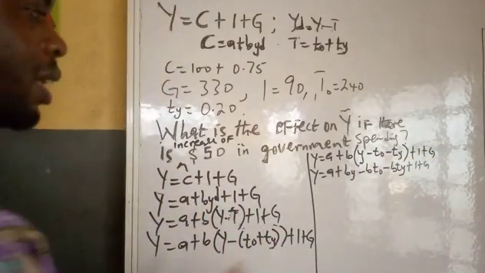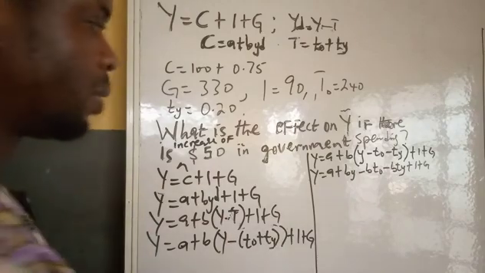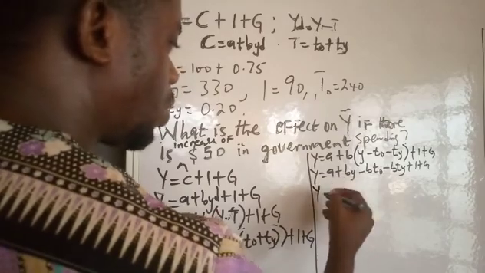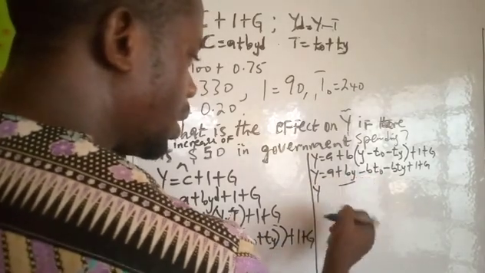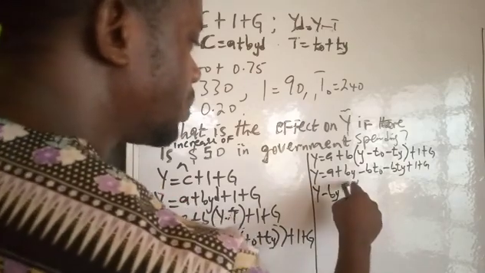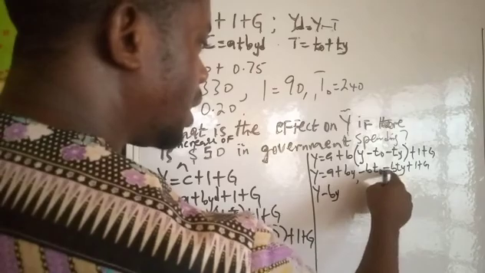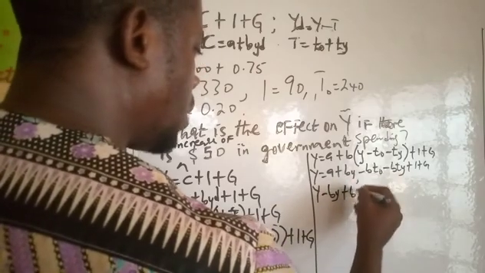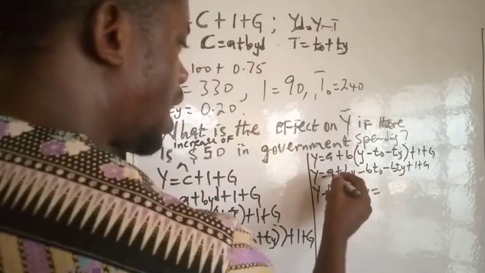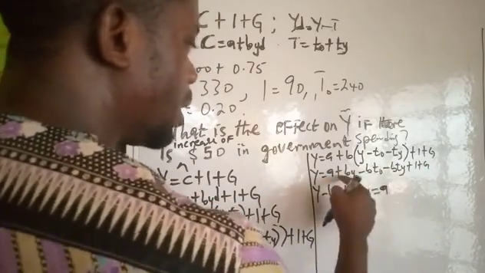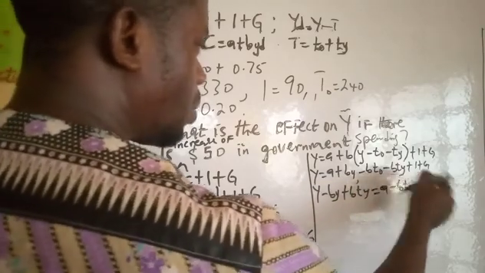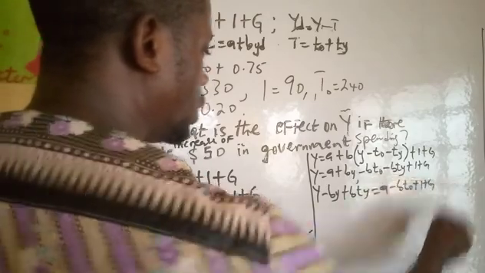Okay, now we can collect the like terms. The one with y on the right, it has y, so we take it to the left and it becomes minus by. Then this one, bty, becomes plus bty on the left. Then we still have a on the right, minus bt naught, plus I plus g.